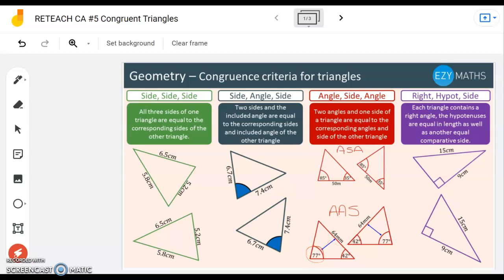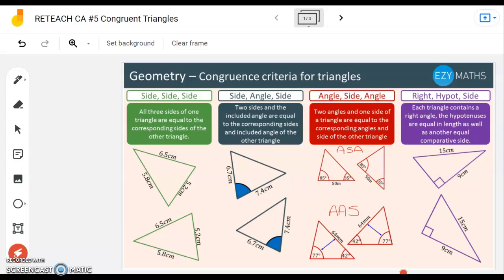Otherwise, they're not congruent. They're not the same. So the fact that I have angle, angle, side and angle, angle, side in that order, then I have congruent triangles. I can cut this one out, turn it around, and fit it right on top of that one.